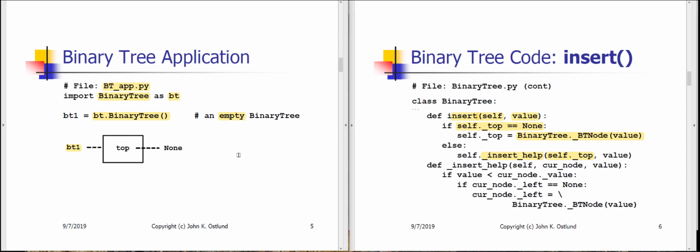That's the case that we started out with here on slide 5. On slide 7, we've added an insert into our binary tree. Here, self._top was equal to none, so we're going to modify self._top to refer to a newly allocated BT node.